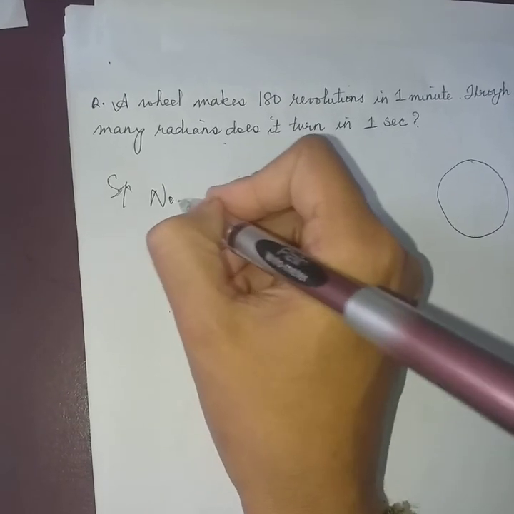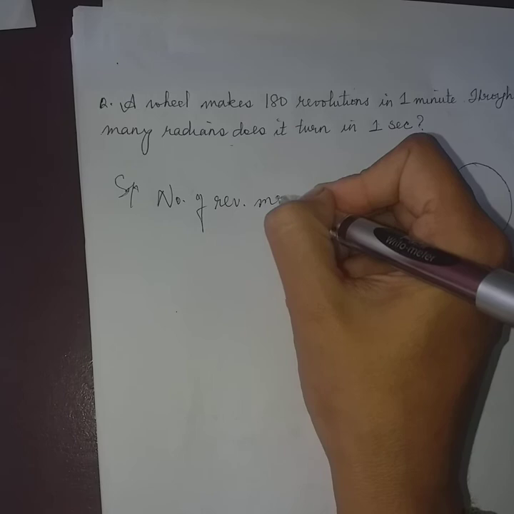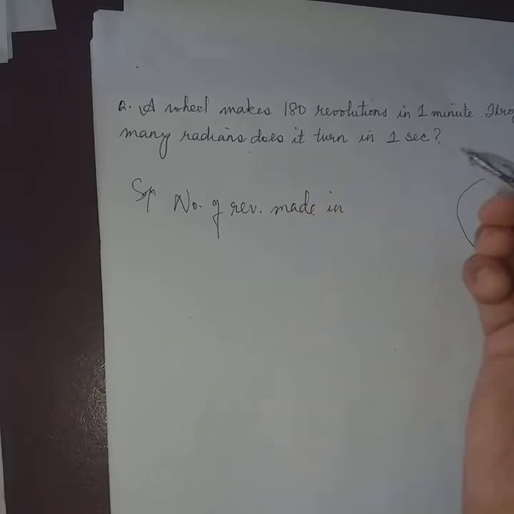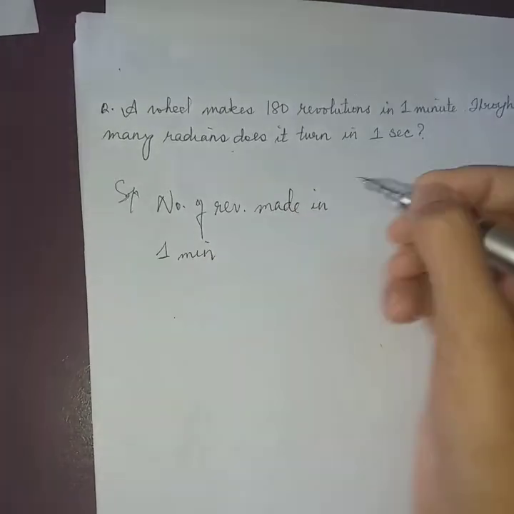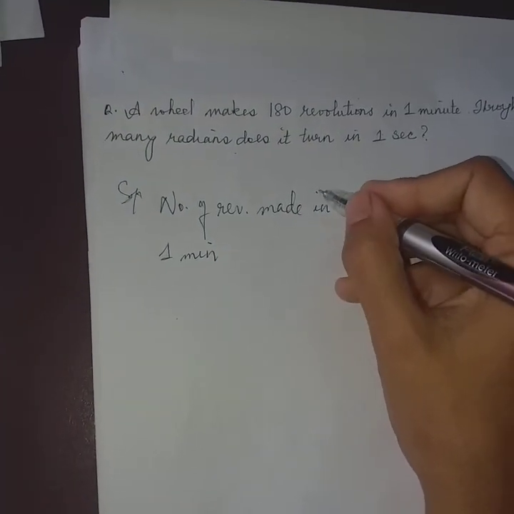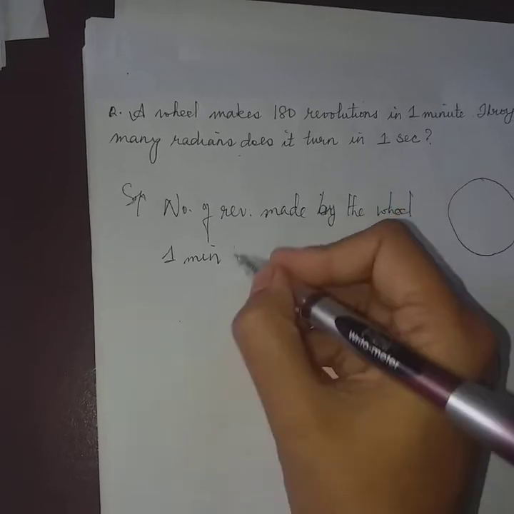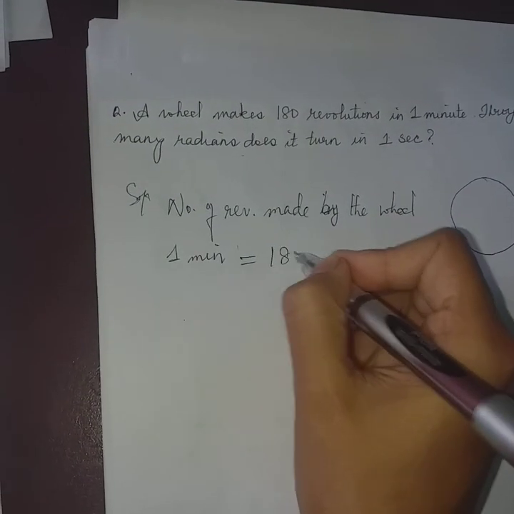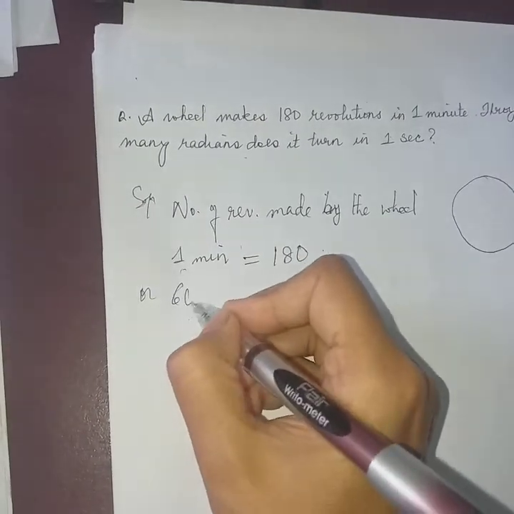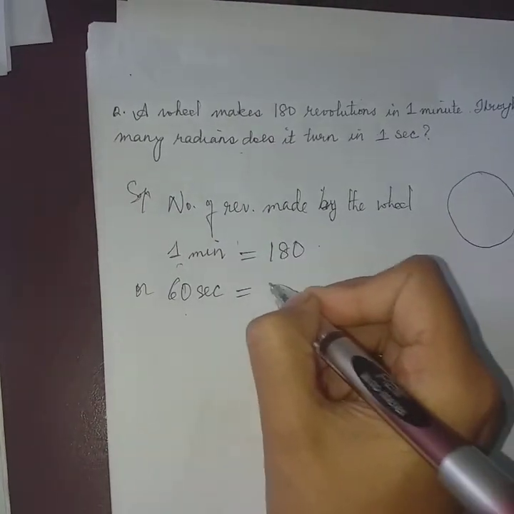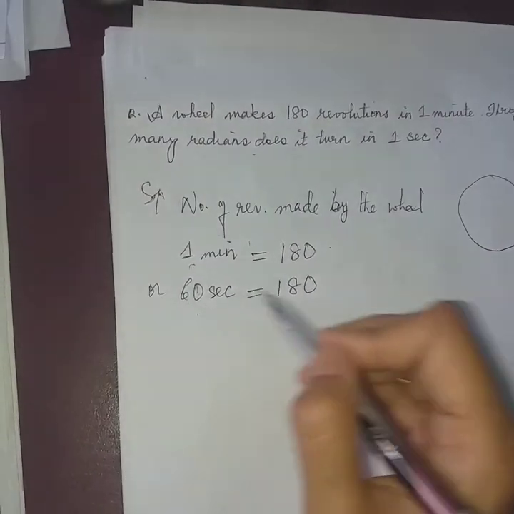The number of revolutions made by the wheel in 1 minute is equal to 180, and 1 minute consists of 60 seconds. So in 60 seconds the number of revolutions made is 180.